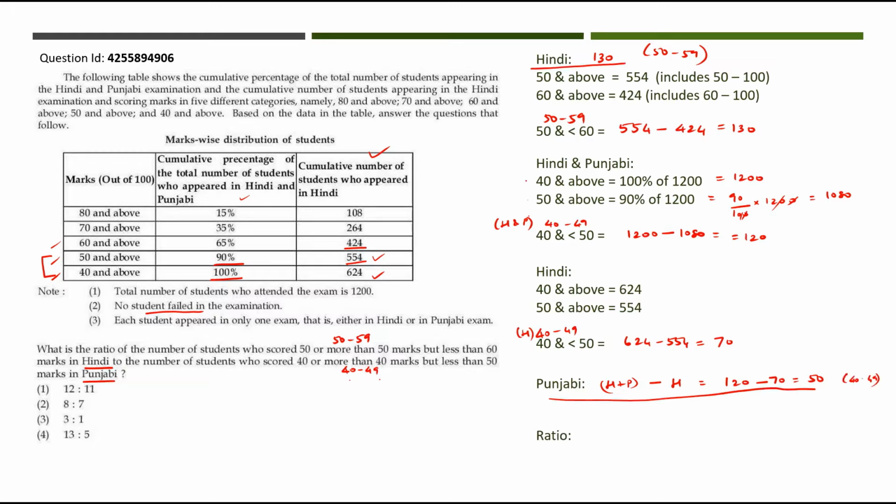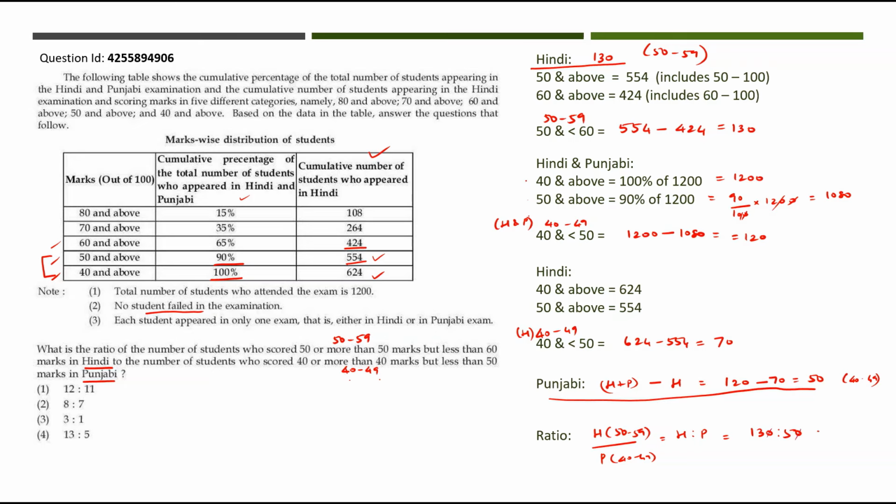Now what we have to find is the ratio. The ratio is Hindi for the range 50 to 59 to Punjabi for the range 40 to 49. This can be written as H is to P also. So here we can take this to be 130 is to 50.